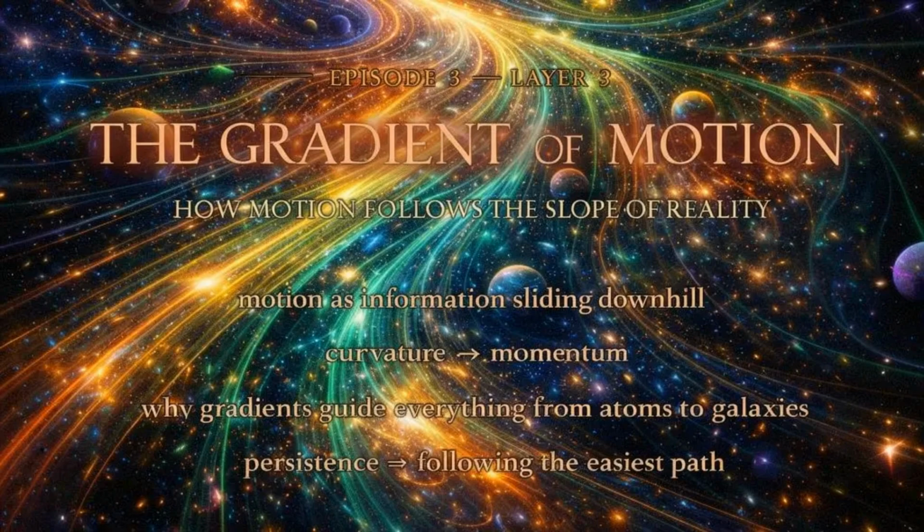Section 3. The universality of gradients. One of the most elegant features of Layer 3 is that the same rule governs every type of motion across the universe. You can zoom all the way down to electrons inside atoms, or zoom out to galaxy clusters spanning millions of light years, and the principle is identical. Motion follows gradients.